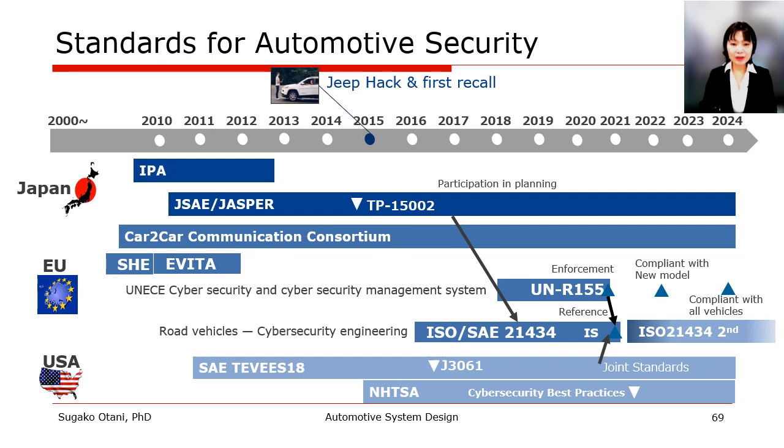In response to these developments, the UNECE Regulation Cybersecurity UN R155 and ISO/SAE 21434, the Cybersecurity Standard for Road Vehicles, were established and enforced. I will explain EVITA later in the next few slides.